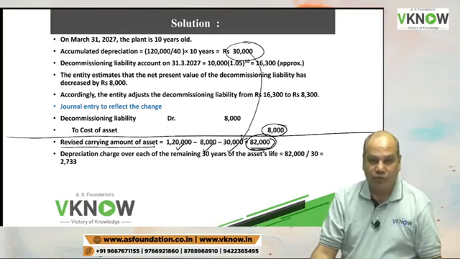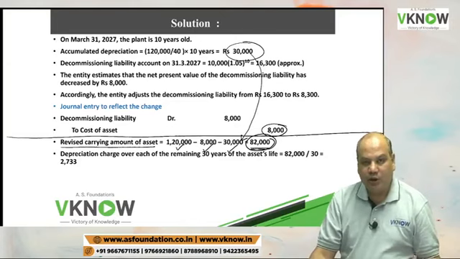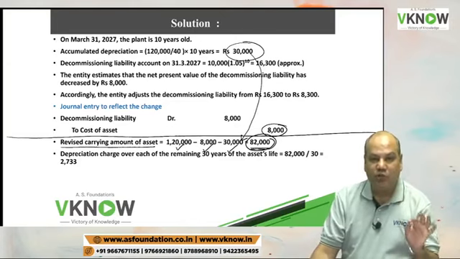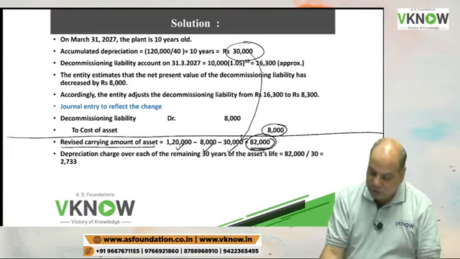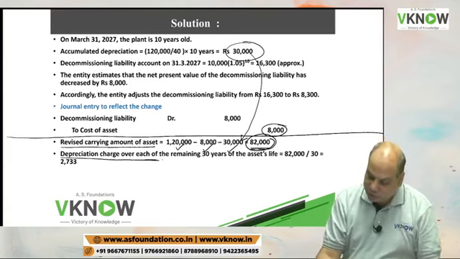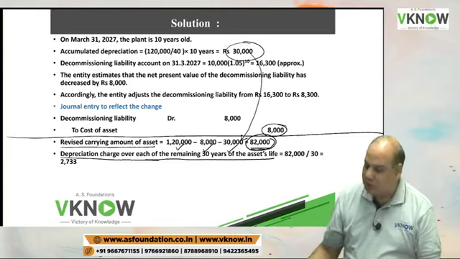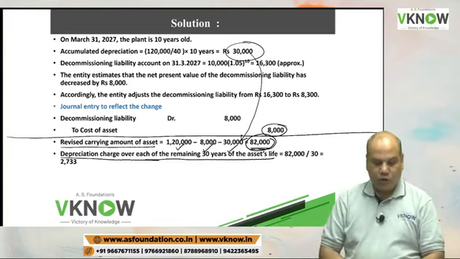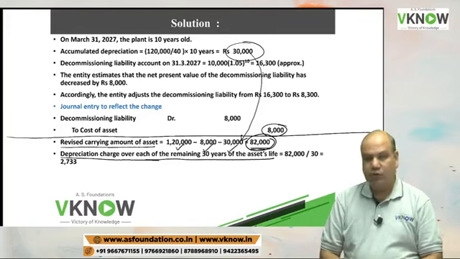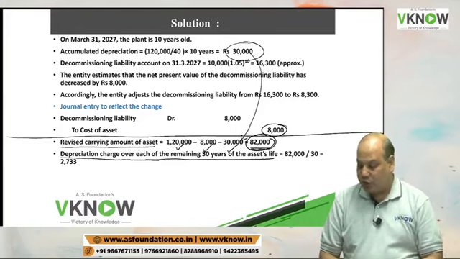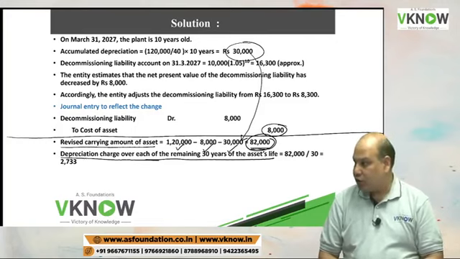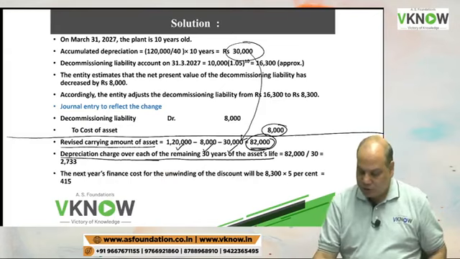So for the remaining 30 years, write down the depreciation charge over each of the remaining 30 years of the asset's life, which is 82,000 divided by 30. 82,000 divided by 30 is 2,733.